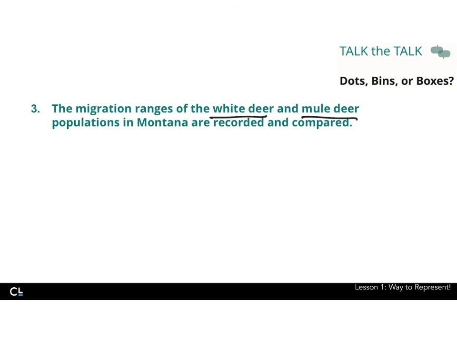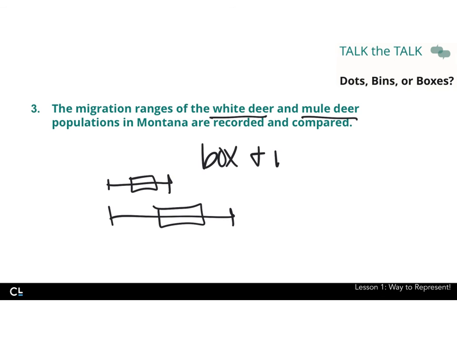Which one did we compare two different cities with? Box and whisker. Remember how one was right above the other? So if you have two different types like that, use box and whisker.